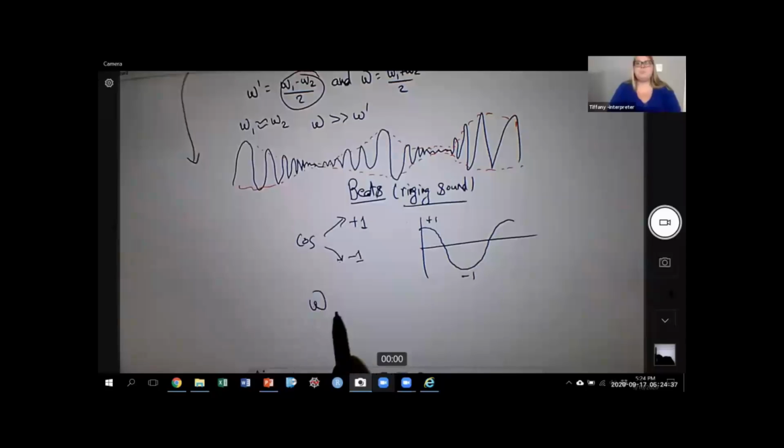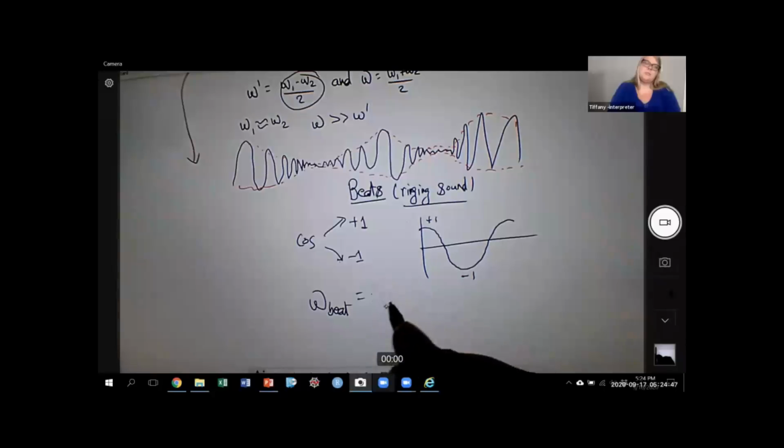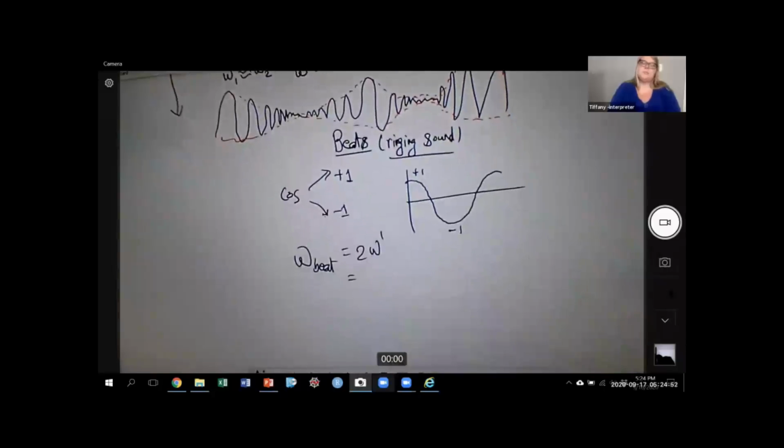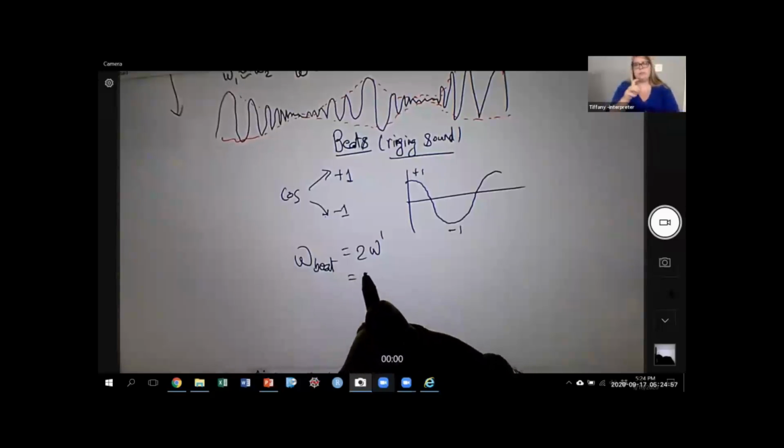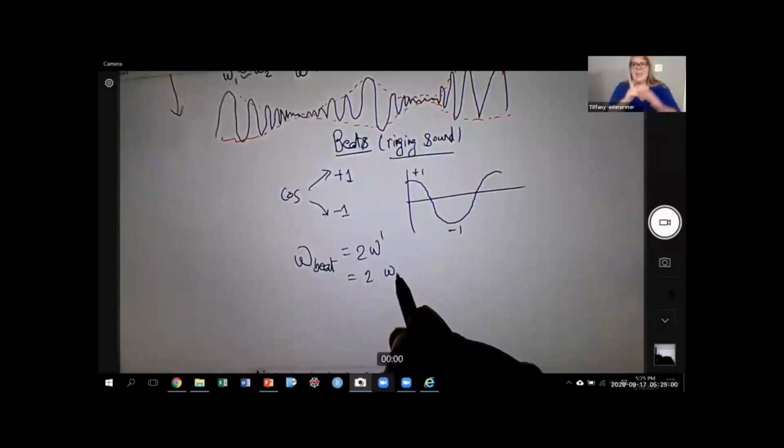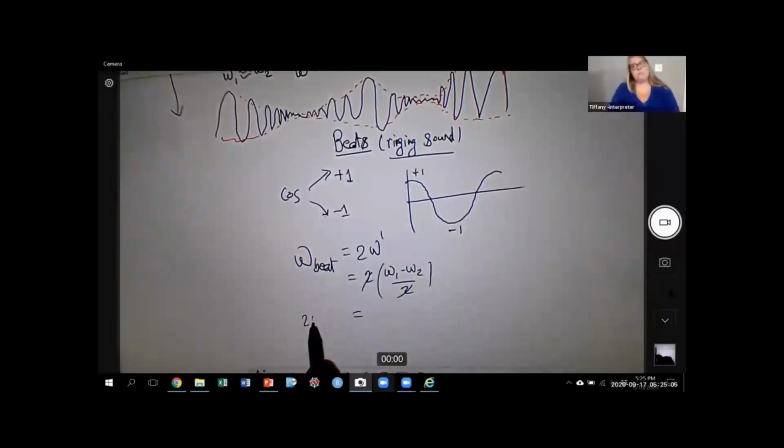So the beat frequency, omega, which we will change into plain frequency, has to be 2 times omega 1 minus omega 2, because the maximum of cos occurs 2 times in one cycle. But omega prime is (omega 1 minus omega 2) divided by 2, and omega is 2 pi times the frequency, in terms of linear frequency: 2 pi f1 minus 2 pi f2.